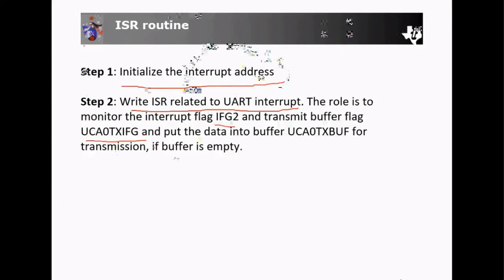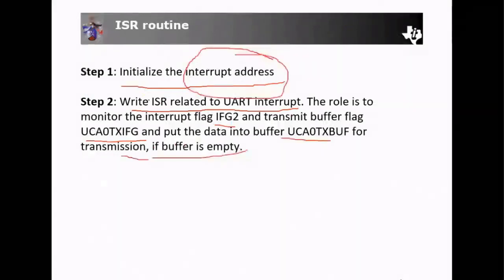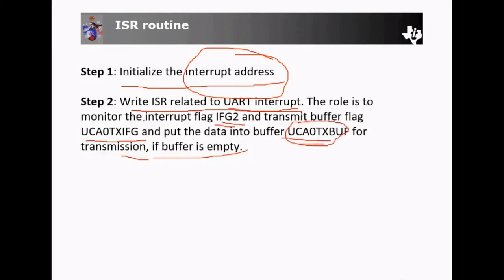You have to write the interrupt vector address, then you have to write the ISR for the UART interrupts. For the UART interrupts, the role is to monitor the interrupt flag IFG2 and the transmit buffer flag UCAxTXBUF. Whenever UCAxTXBUF is empty, you have to put data in it with the help of the UCTXIFG flags.